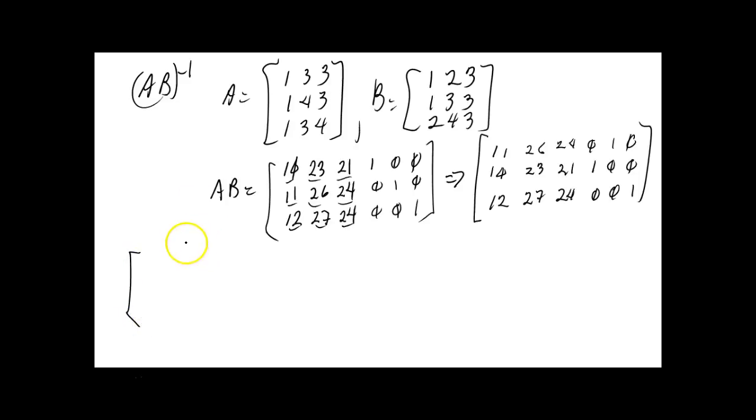That's the new row 1. That would be 1, 3, 3.